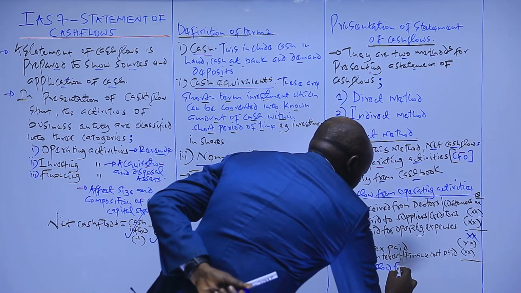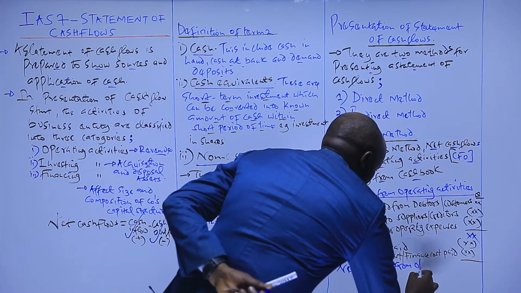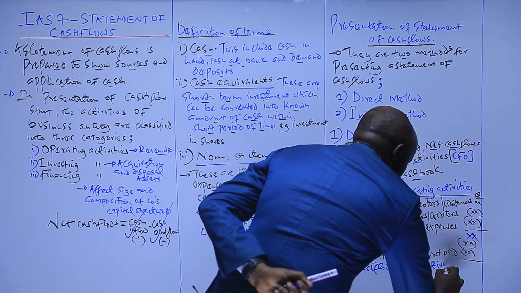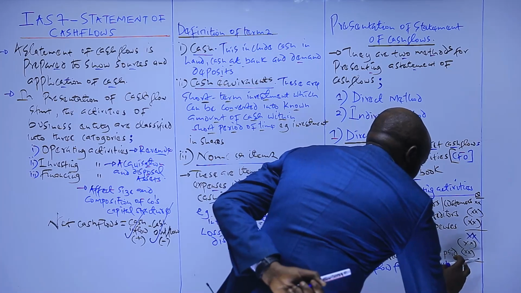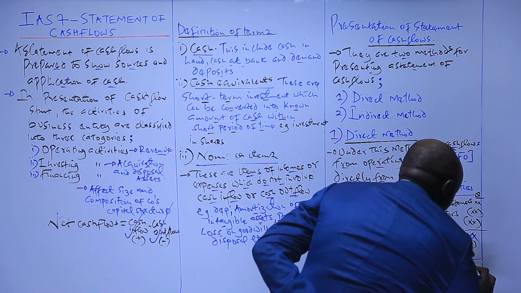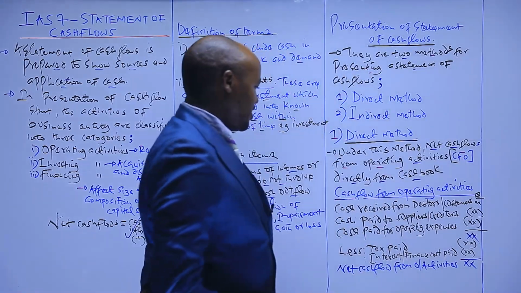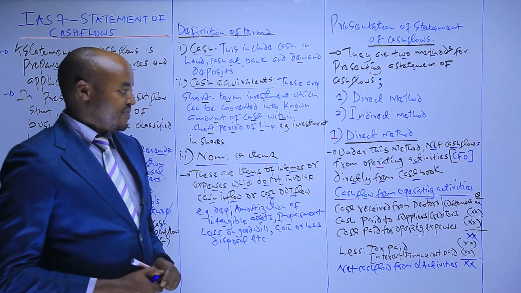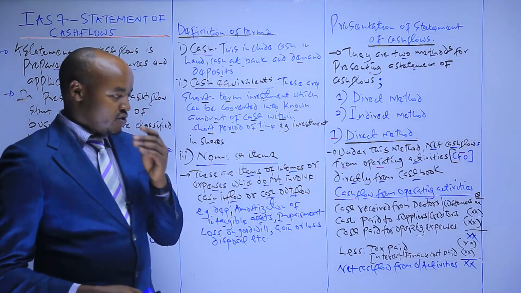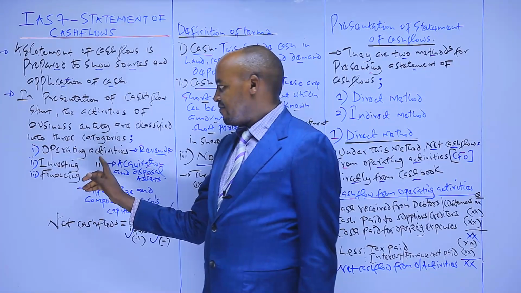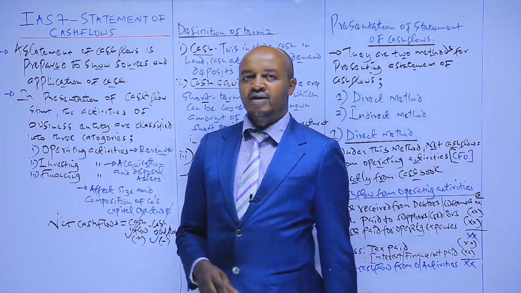Net cash flows from operating activities. From operating what? Activities. So that's how we determine that. Then from there, when preparing the statement of cash flows, you have to equally determine the net cash flows from investing and financing activities.